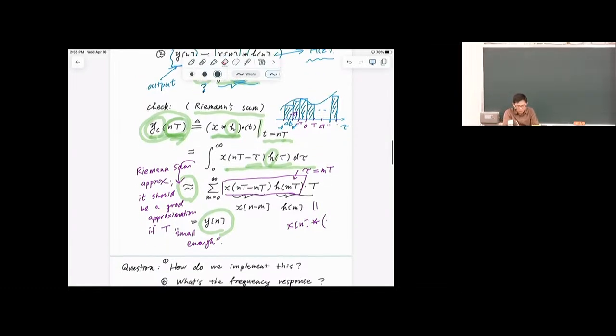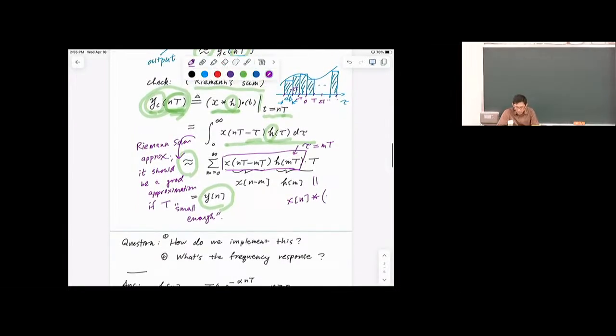With h. Why? Because we have defined, I have suggested to you that h of n is defined as t times the continuous one evaluated at integer multiples of t. Because this is the way we define h of n. Do you notice?